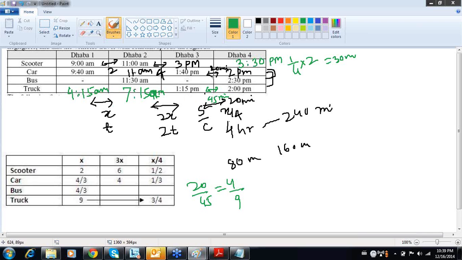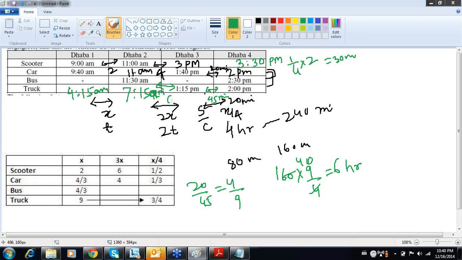The ratio of the speed of truck and car we can calculate is 20 by 45, which is 4 by 9. So if it took 20 minutes here, then it takes 45 minutes here. So if it takes 2 hours 40 minutes here, how much time will it take here? 2 hours 40 minutes means 160 minutes it took there. So it will take 160 by 9 times 40, that is 6 hours it will take to complete this distance. 6 hours, that means decrease it by 6. So before 6 hours, that means it will be 7:15 a.m.